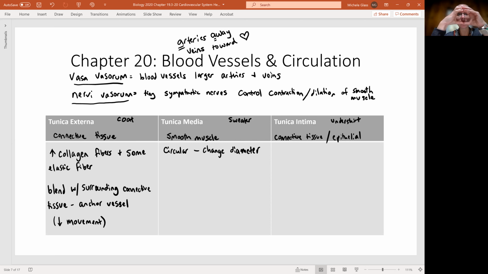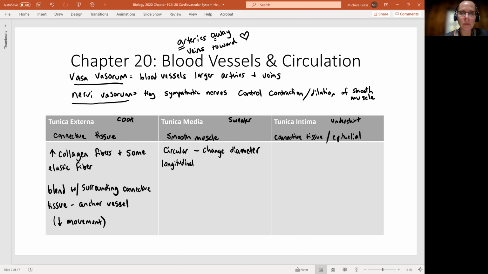And when we relax that muscle, we're dilating that vessel. But we also have longitudinal muscle, which we talked about in terms of our blood clotting mechanism during the vascular spasm. The circular muscle was helping to close off that opening. The longitudinal muscle was sort of pulling it back into the tissues. So we talked about that just a little bit there.